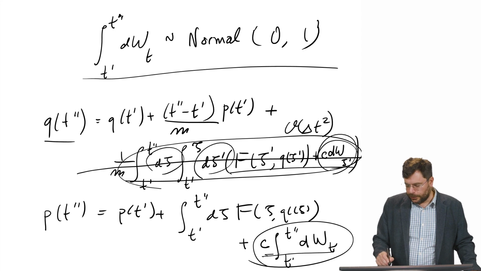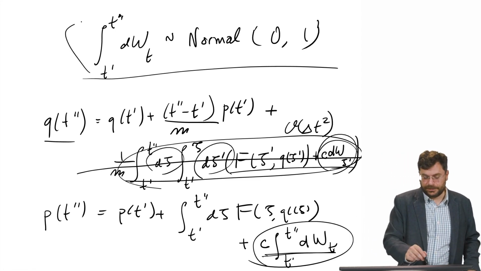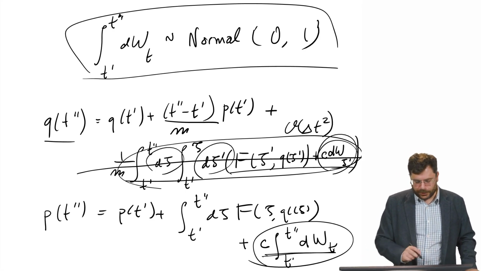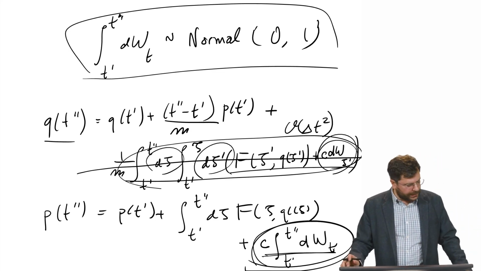So I'm going to rewrite this term using the second, slightly less intuitive definition that we had of the Wiener process. I'm going to go ahead and erase everything, but I'm going to focus on this term right here.